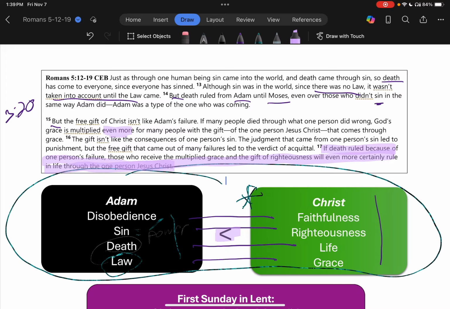Christ can undo what Adam did, and even more than that, bring the gift of righteousness, right? So in many ways, Paul is really continuing the argument that he's been making since the second half of 3 and on through 4 and the first half of 5 and now into this passage, that it is Christ who has opened this door to a new righteousness apart from the law, as he said in 3:21, even though it is witnessed to by the law and the prophets.